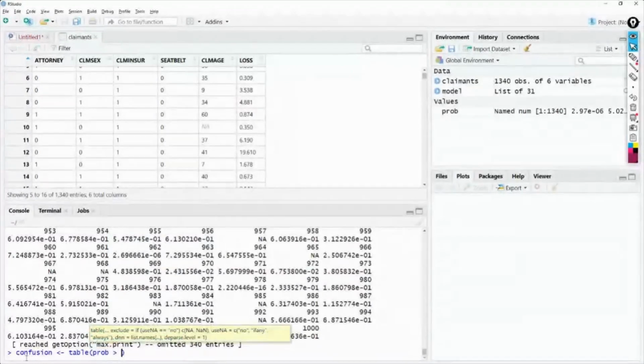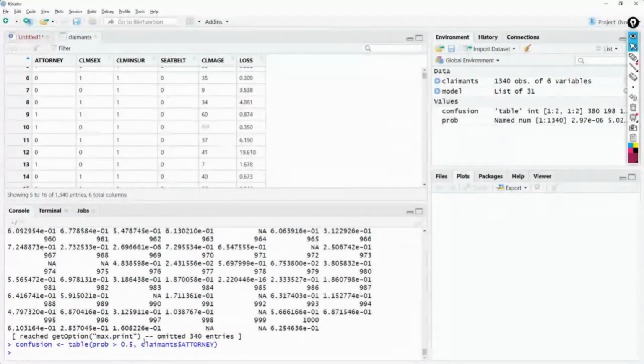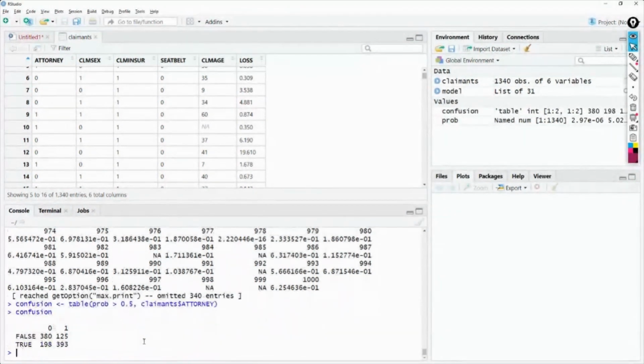Wherever the probability values are going to be greater than 0.5, say true. And then compare these probability values with the actual value. Actual value is in claimant's data set attorney. Claimant's dollar attorney. This will give you the actual value. So claimant's dollar attorney.